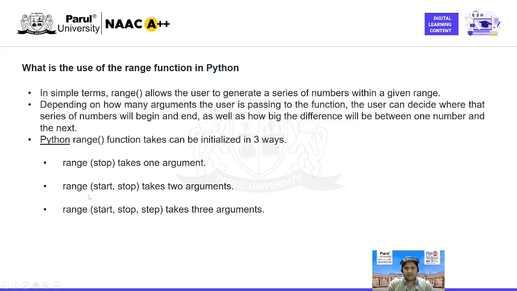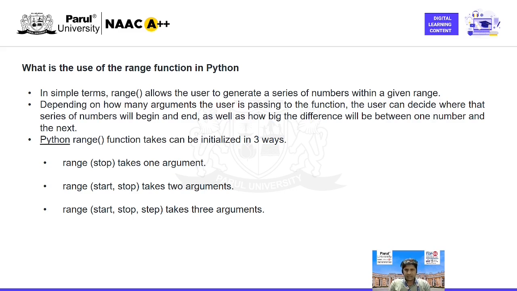The second one, range function with start. In this type of calling we provide two values, the start value and the stop value, so it takes two arguments. The third one, that is step, is taken as default and the default value of step is 1.